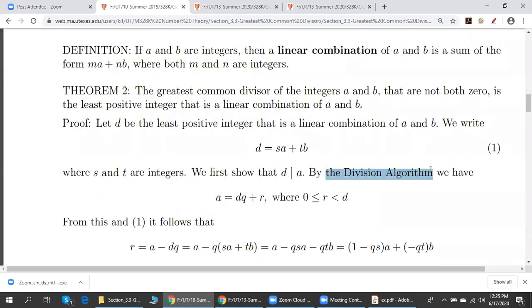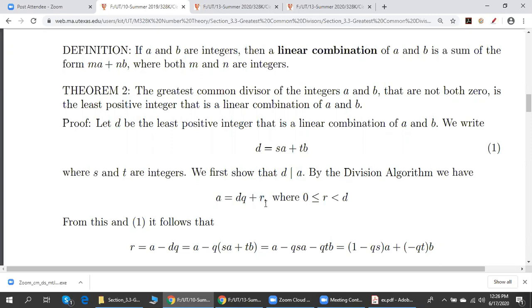By the division algorithm, A can be written as D times Q plus R, where R is greater or equal to 0 and lesser than D. In order to show this, we have to prove that R is equal to 0.